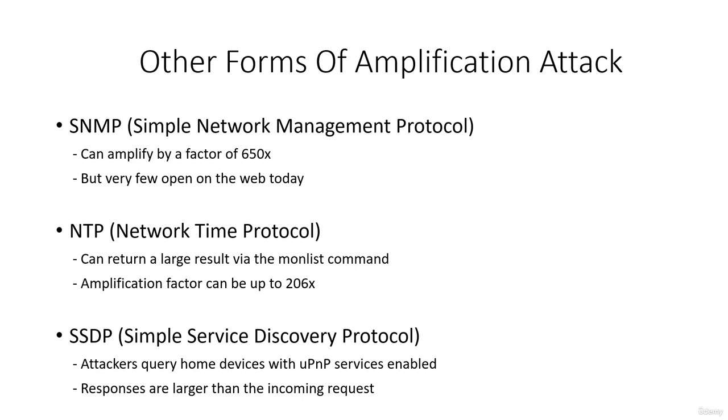So perhaps not quite as big as SNMP, but still a massive factor on top of the size of the request that came in. Yet another form of amplification attack uses SSDP, the Simple Service Discovery Protocol, which is used for the advertisement and discovery of network services. What we have seen in the past is attackers querying home devices with UPnP services, which can then result in responses much larger than the incoming requests.